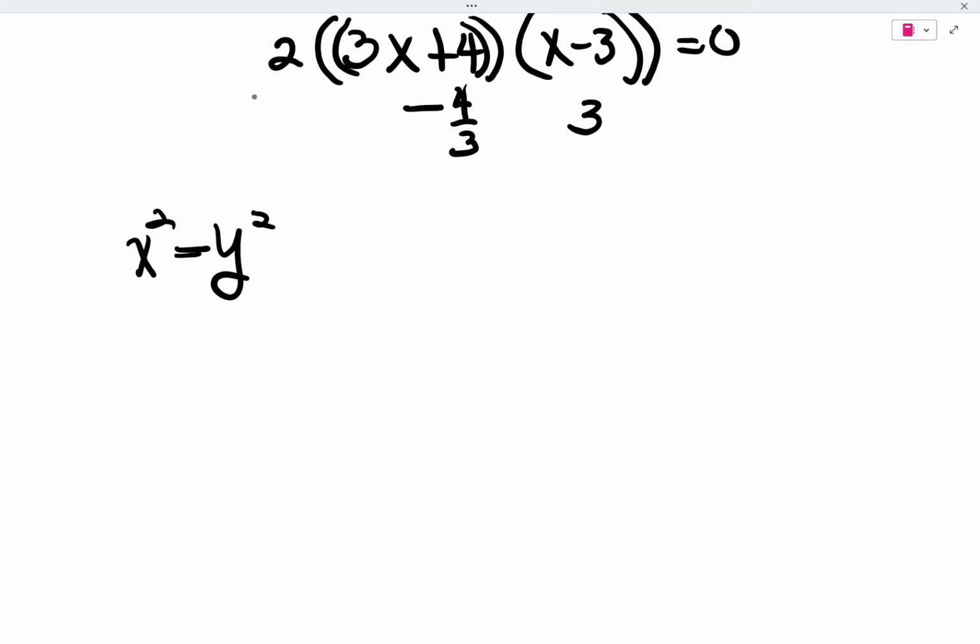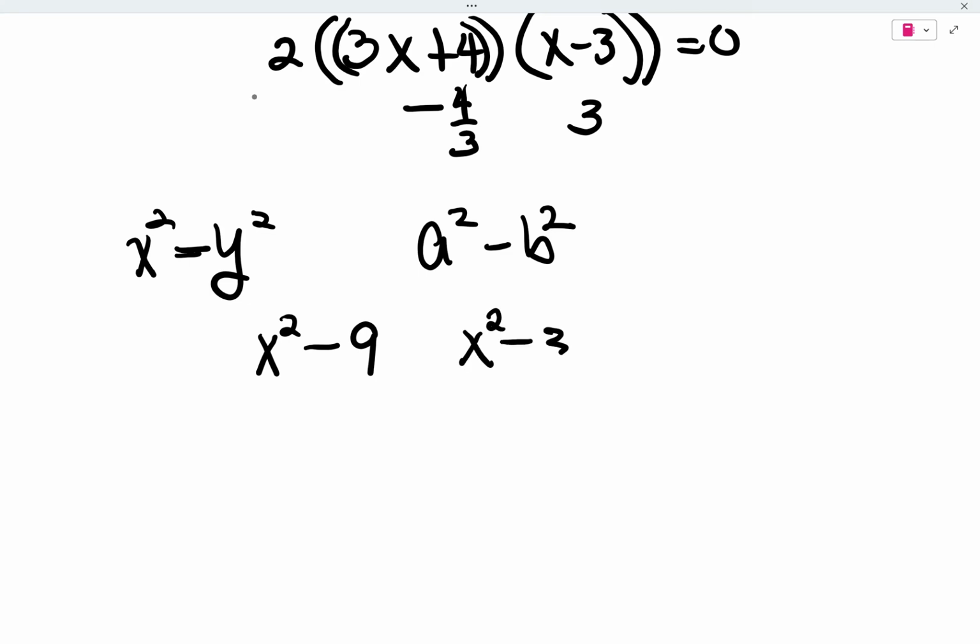Yeah, so usually they do a squared minus b squared, that's usually what I'm used to. Or x squared minus y squared, whatever it is, it's the first term squared minus the second term squared. So that's an example of what that looks like. For example, this is really x squared minus 3 squared.